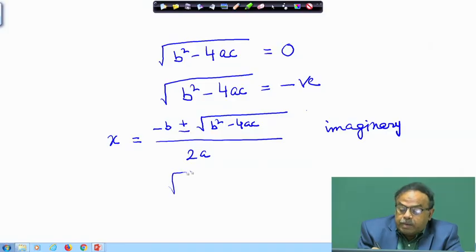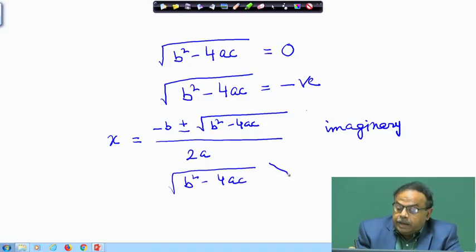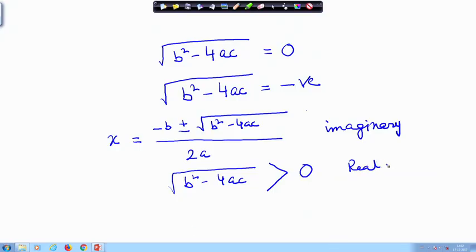If b square minus 4ac is greater than 0, then we will have real roots, and the real roots will be minus b plus this and minus b minus this, divided by 2a. That is the school level knowledge that we have.